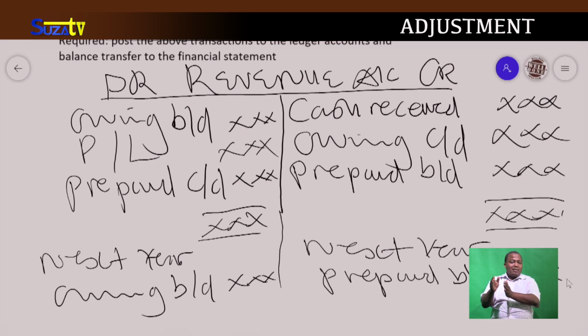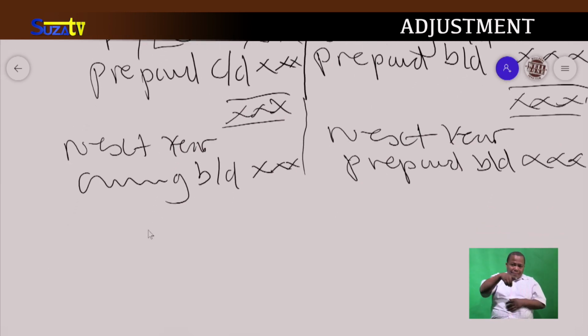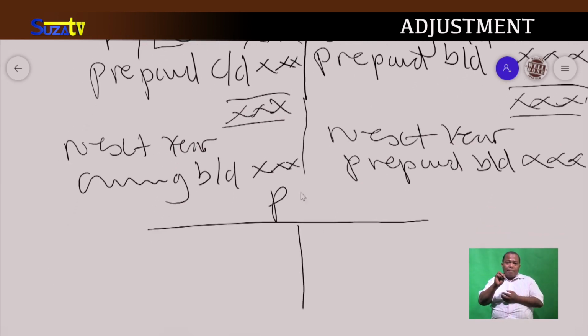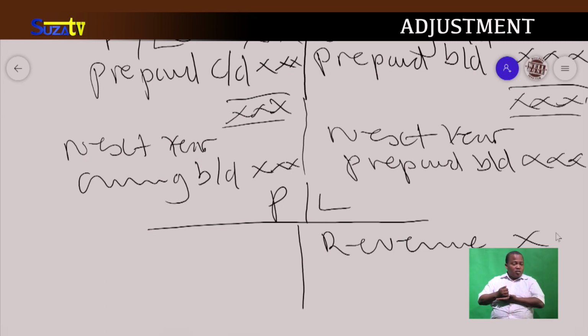Then, as already discussed, the difference between the credit side and debit side should be transferred to P and L. From this, the revenue must be recorded on the credit side by saying revenue account amount X. This is the structure of accrued and prepaid revenue. Okay.